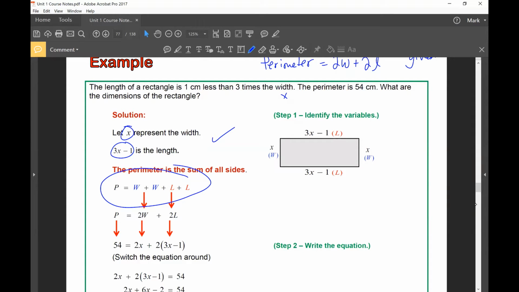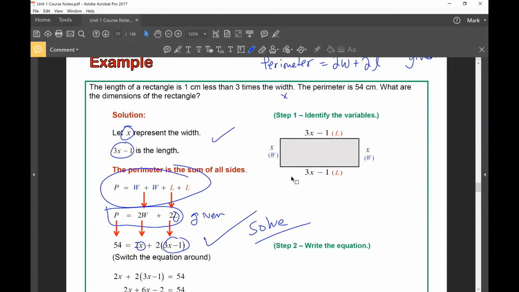So the perimeter would be all of the sides of a rectangle added together. For a circle, we call it the circumference, which, don't worry, we're not getting into. So this formula will be given to you, and I'm going to put x in for my width, and I'm going to put in 3x minus 1 for my length, and then I just solve this equation, and that's it.